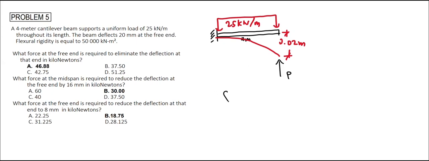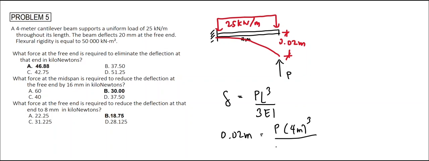So by equating the deflection of the beam to the formula of the deflection induced by a point load on the cantilever beam at the free end, that is given by the formula PL cubed over 3EI, we can solve for P, knowing that our deflection here is 0.02 meters and our length here is 4 meters, and given the flexural rigidity equal to 50,000 kilonewton meters squared.